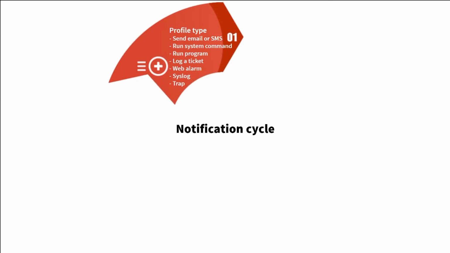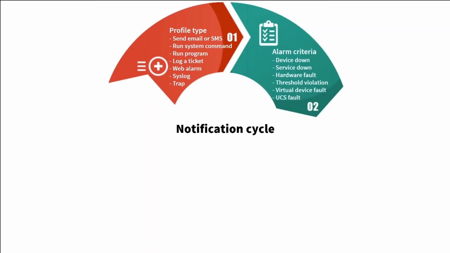You have to select the respective type in the very first stage. And the next stage is the very important stage where you will select the alarm criteria. For whatever alarms you want to see as a notification, an email or SMS, you can select the respective alarm criteria here, whether it is device down, service down, or a hardware fault, and so on.